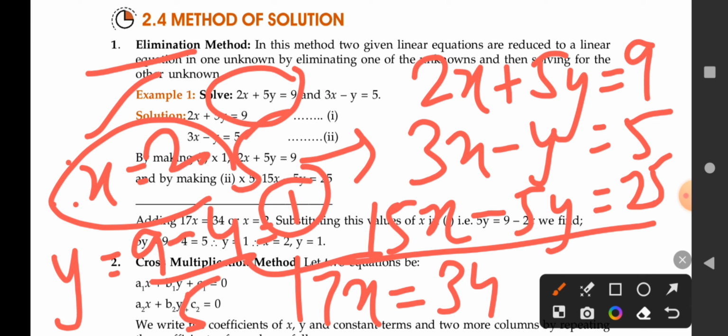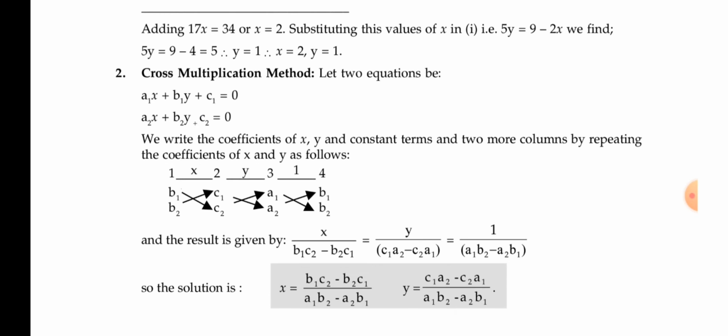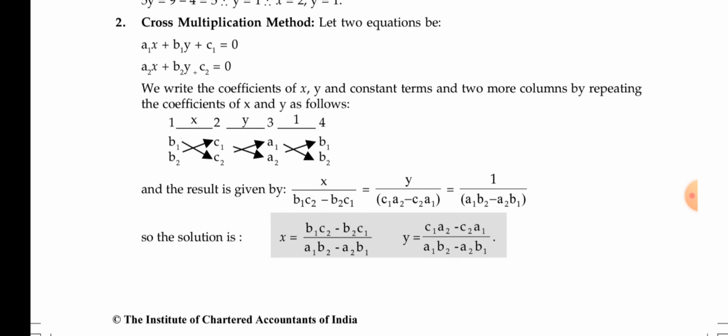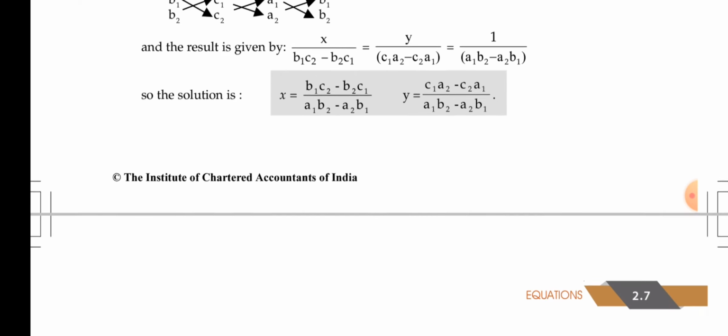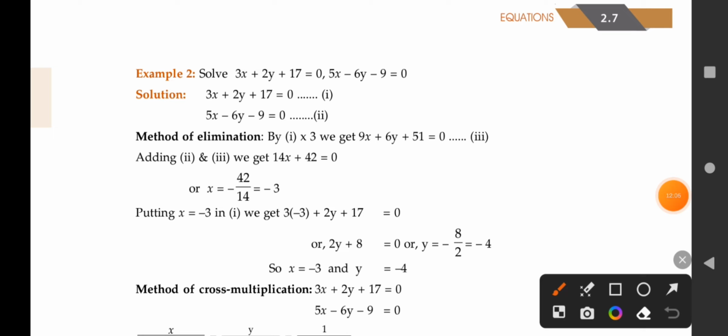In any case, if you need to solve it through equations and the options are not given directly as x equals something and y equals something, then use the elimination method. Okay. Example 2 again similarly. Okay.